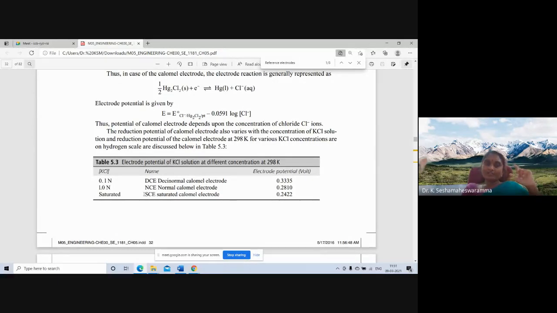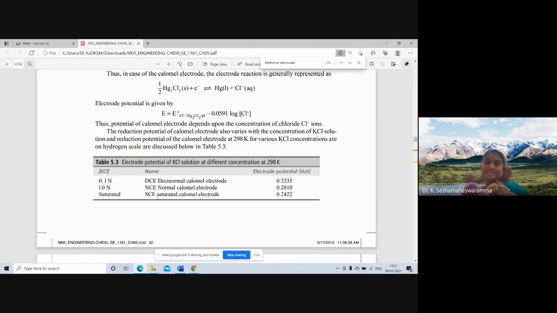If we are taking 1 normal solution of potassium chloride, that is known as normal calomel electrode. If we are taking saturated potassium chloride, it is known as saturated calomel electrode.